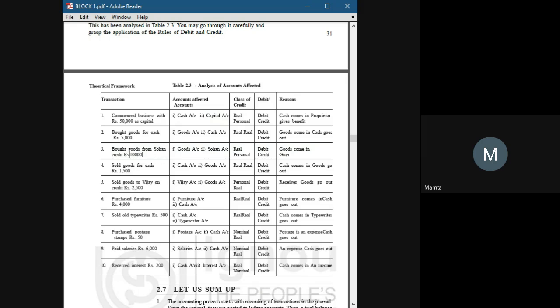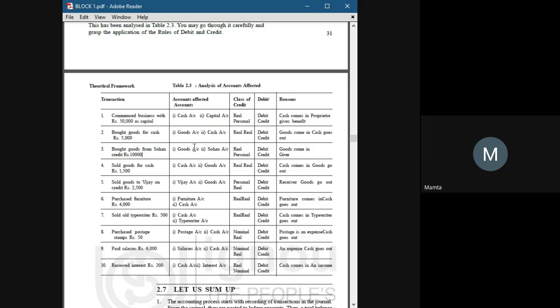Goods account is directly related to real account because goods are the asset of a company, and Soham account is related to personal account as it is the name of a person.